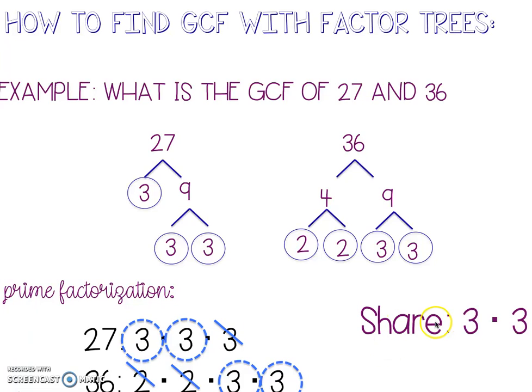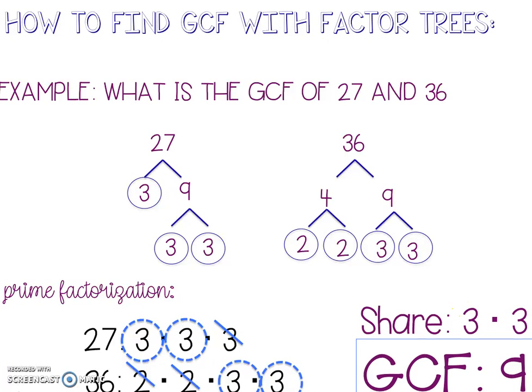So we're going to write out what they share, and they share a 3 times 3. That's what they have in common. To get the greatest common factor from that, we just have to multiply out 3 times 3. So we get that our greatest common factor is 9. That's the answer for this one. The GCF is 9. That's what you're going to have to do for all of the questions on here.